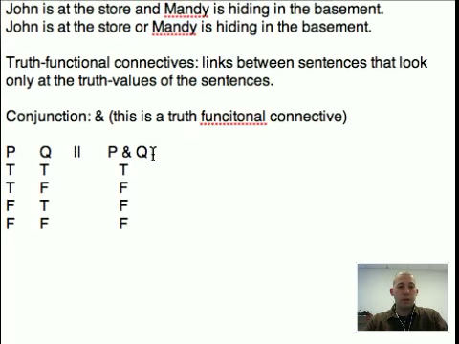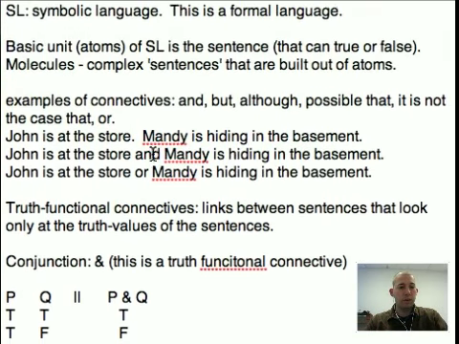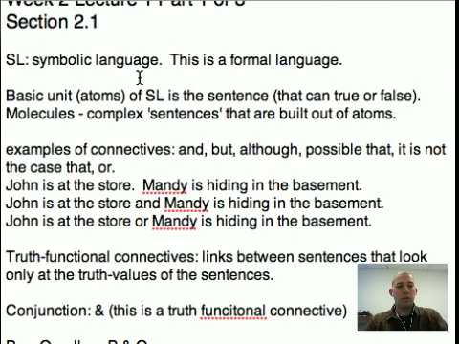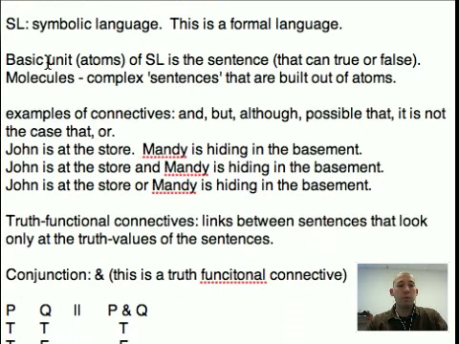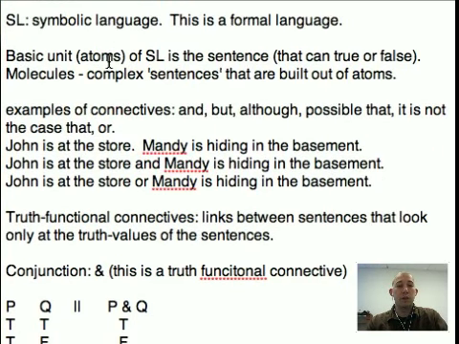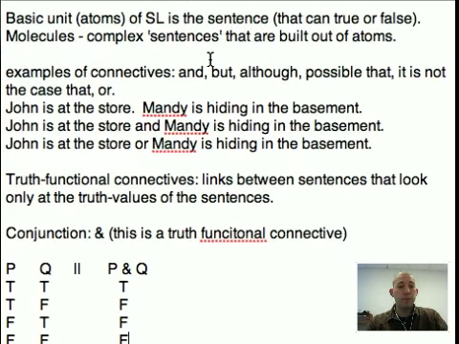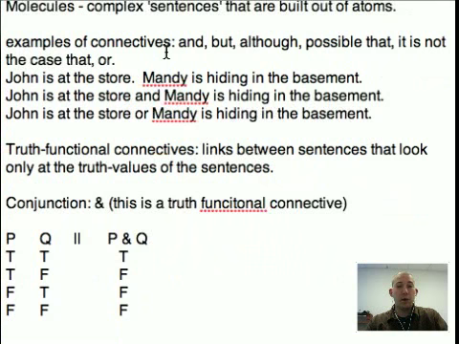So just to recap what we've done for this lesson, we've introduced the notion of a symbolic language that we're going to use to advance our studies of logic. We start with the basic units, which are sentences, things that can be true or false. And we're going to introduce connectives to provide more expressive power to our system.